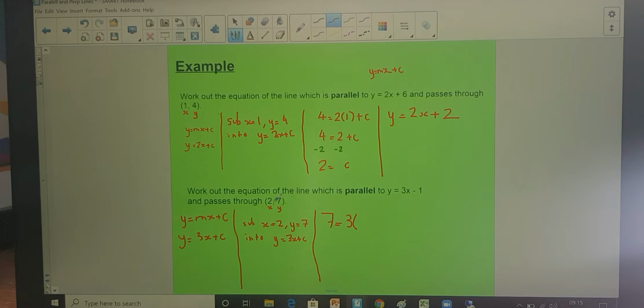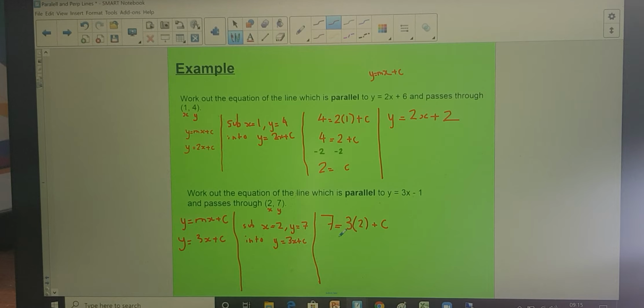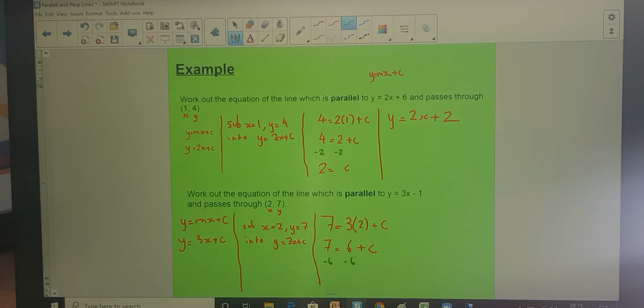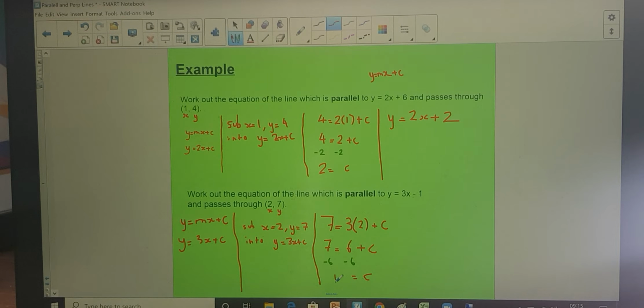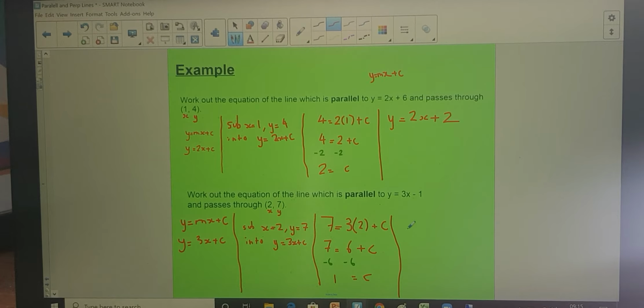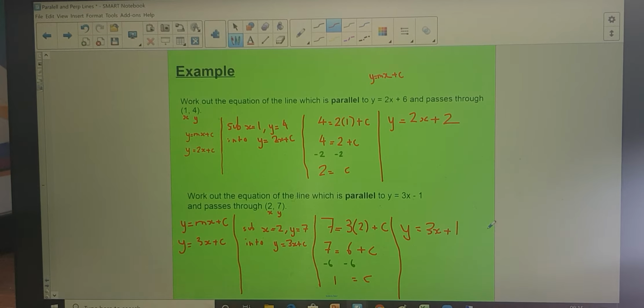I know my value of x in my given coordinate is 2, plus c. Therefore 7 equals 6 add c. Solve to find c. c equals, these cancel, 7 minus 6 is just positive 1. Write out my equation of the line, y equals 3x, and I've just worked out that my c is positive 1 this time. This is how I would do that.